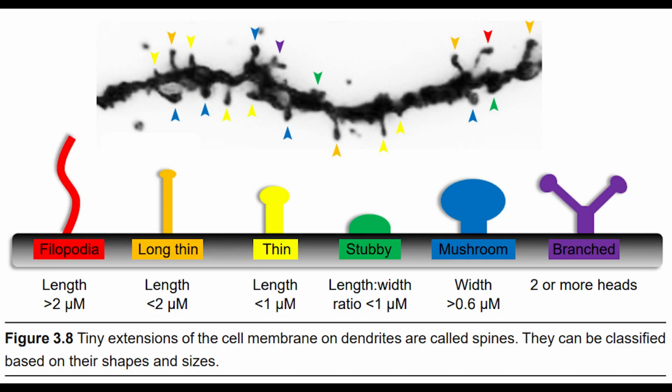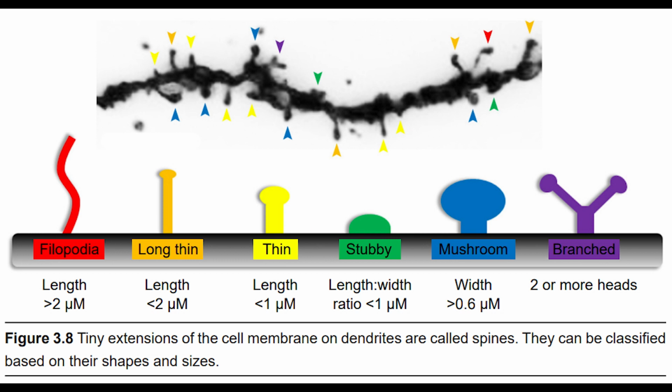Along the dendrites of some neurons, it is possible to see tiny protrusions of cell membrane that stick out from the main dendrite. These bumps are called spines. Spines can roughly be classified based on their approximate shape, thin, mushroom, and stubby being some of the more easily recognizable forms.